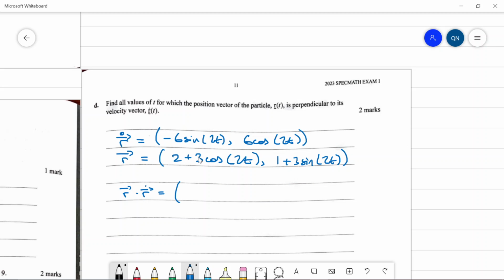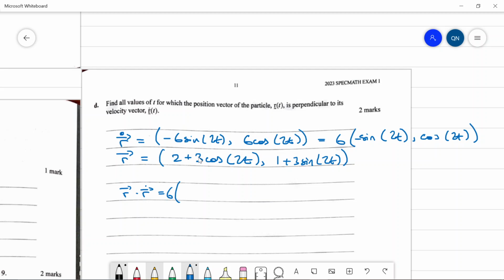That's probably going to give us a bit of a mess though, but let's just do it. Also, we can probably factor a 6 out of this. So 6, and then we can write it as (-sine of 2t, cosine of 2t). All right, so the 6 is going to come in front of the dot product.